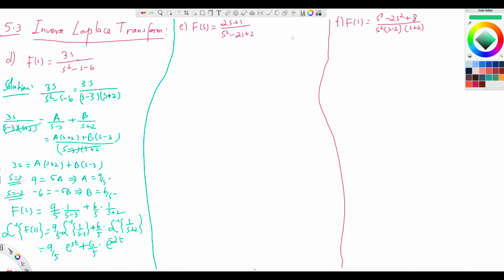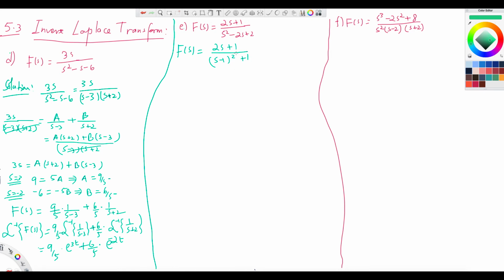So the next example I want to do is F of s equals 2s plus 1 over s squared minus 2s plus 2. Since there is a minus 2s, maybe you can think of completing the square there. That will be easier, so let us try that. F of s can be written as 2s plus 1 over s minus 1 squared, which is s squared minus 2s plus 1, and then plus 1 there.